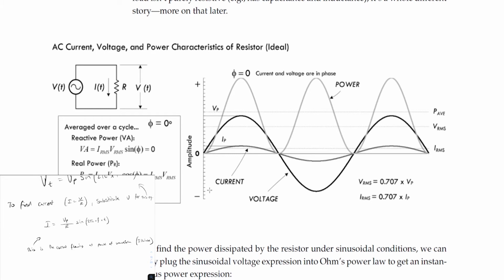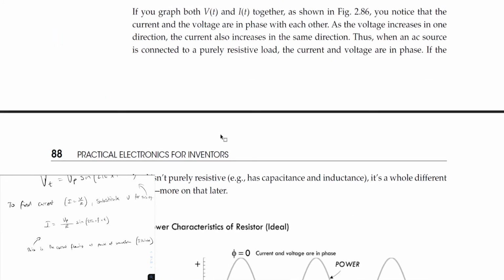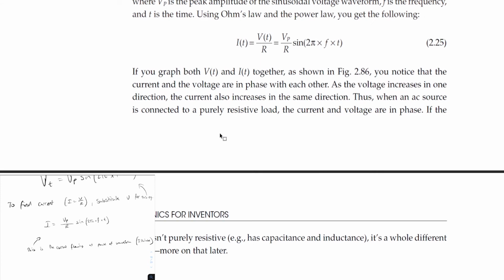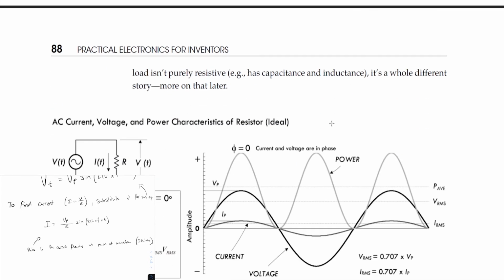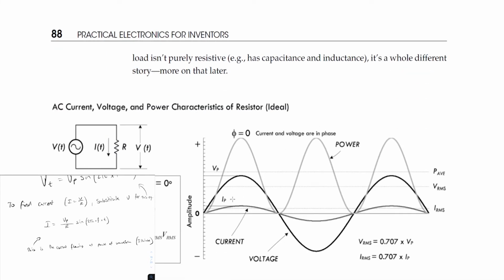This could be 150 volts or 10 volts or 2 volts. So if you graph both of these, I wonder how you would graph that. I don't even know how I would go about doing that. You notice that the current and the voltage are in phase with each other. You have to take your word for that, because I don't know how I would graph these.